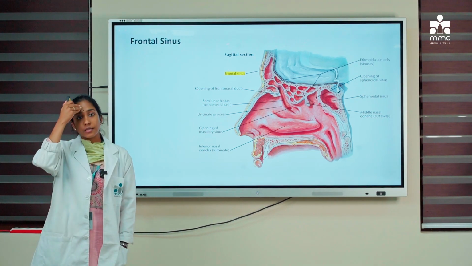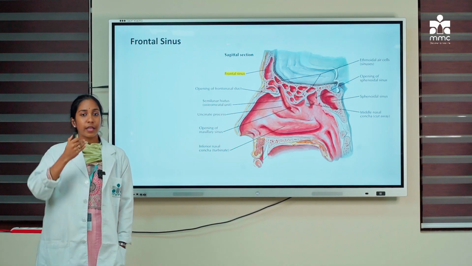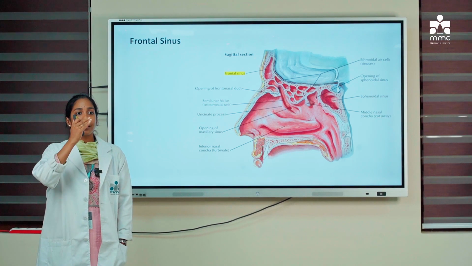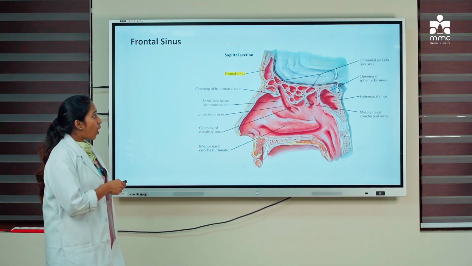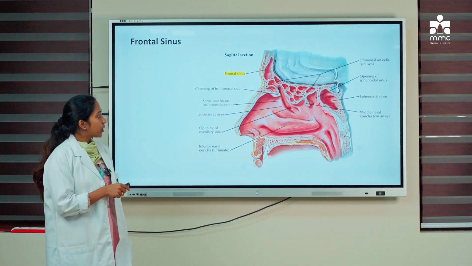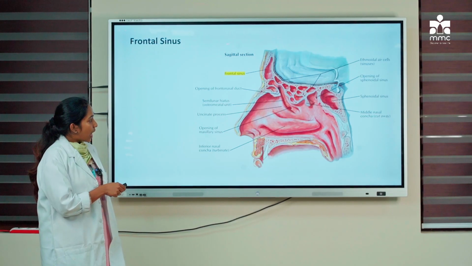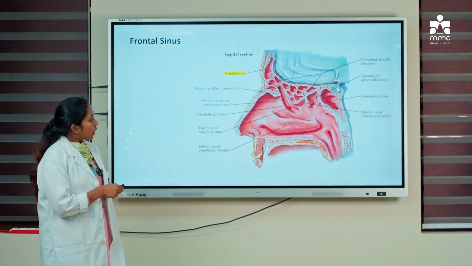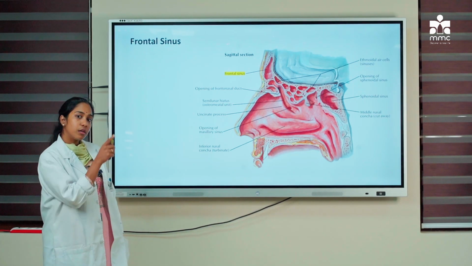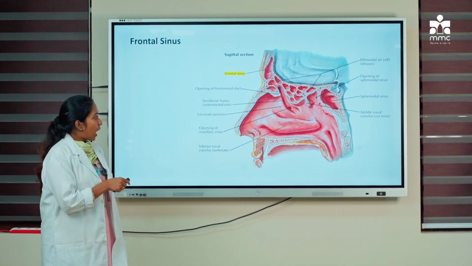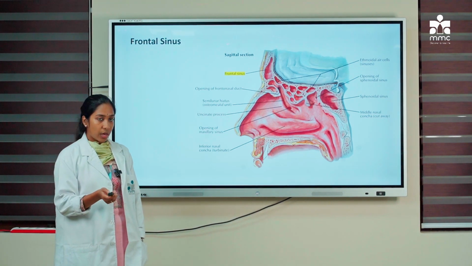The frontal sinuses on both sides are separated by a bone in the center, and it's not exactly in the center, it is deviated to one side. Now the frontal sinus opens in the middle meatus. This is the lateral wall of the nasal cavity, and in the middle meatus you can see a semilunar sulcus or groove, and the anterior part of this semilunar sulcus is called the hiatus semilunaris.